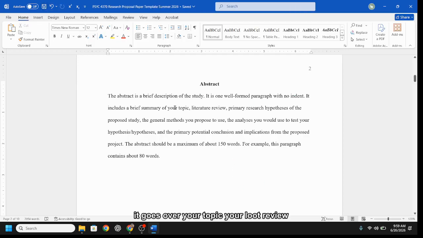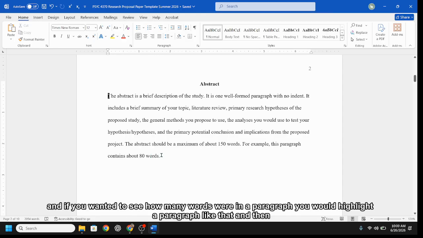It goes over your topic, your lit review, your hypothesis, your general methods, and your analysis technique that you're going to apply, plus a sentence or two about your potential conclusion and the implications of the project. So it's really short. It should not be longer than about 150 words. And as just an example, this paragraph right here has 80 words in it.